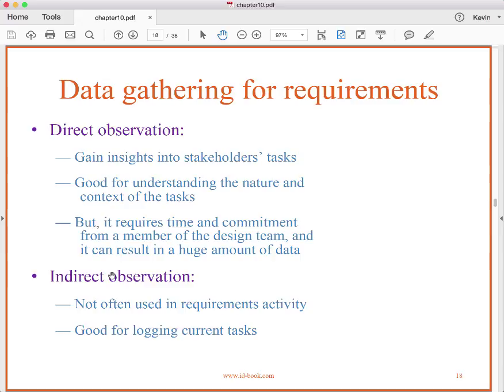We might want to do direct observation. Okay, we talked about doing that. We might want to do indirect observation, which would be not us observing the activity, but for instance, asking our users to be mindful of their activities and to journal them.